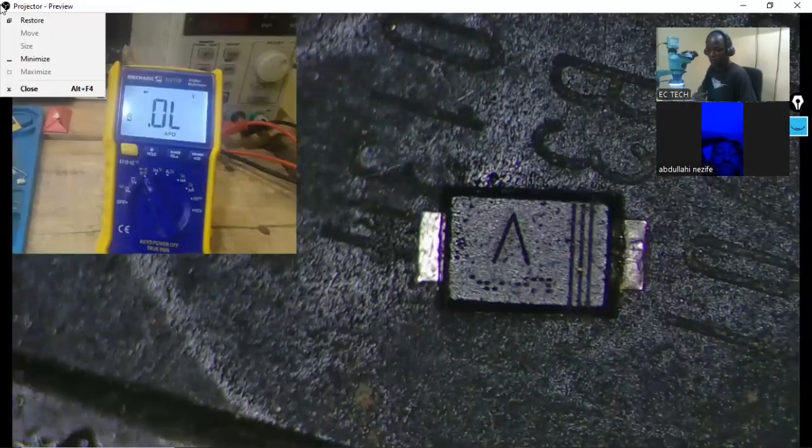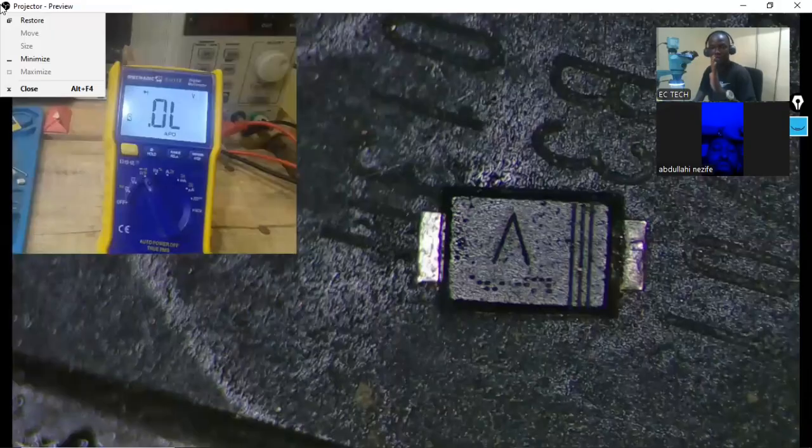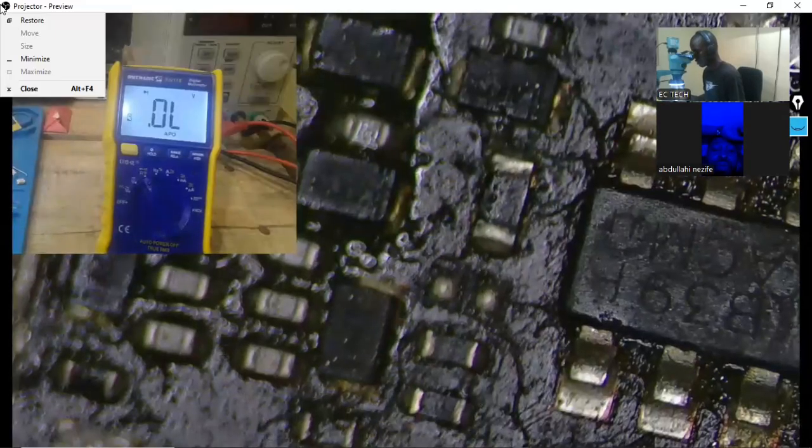Okay. So even if you are getting confused when it's still attached on the board, the reading may be affected by other components. So in order to clarify that it's good, you have to remove it or lift one leg and then test it. Okay, so that's how to test a diode.